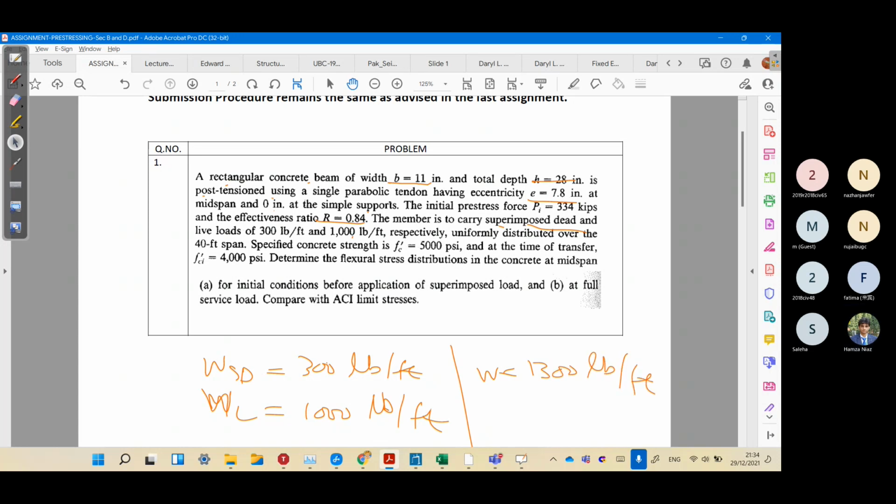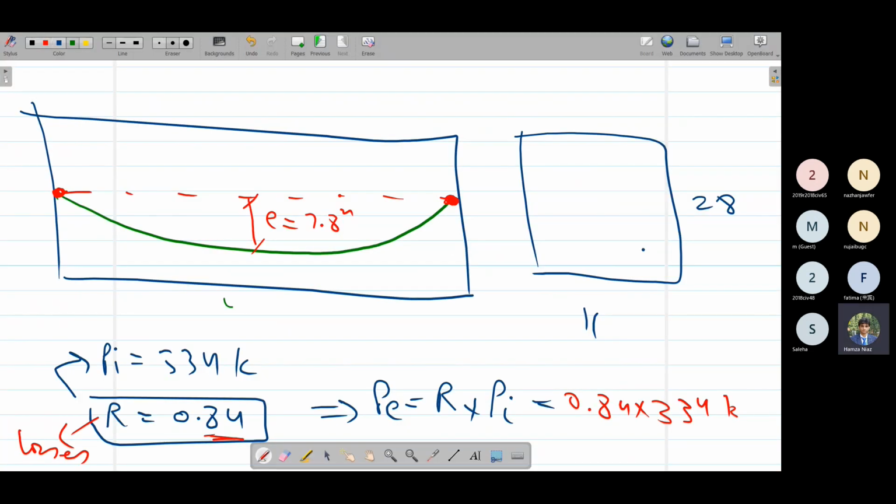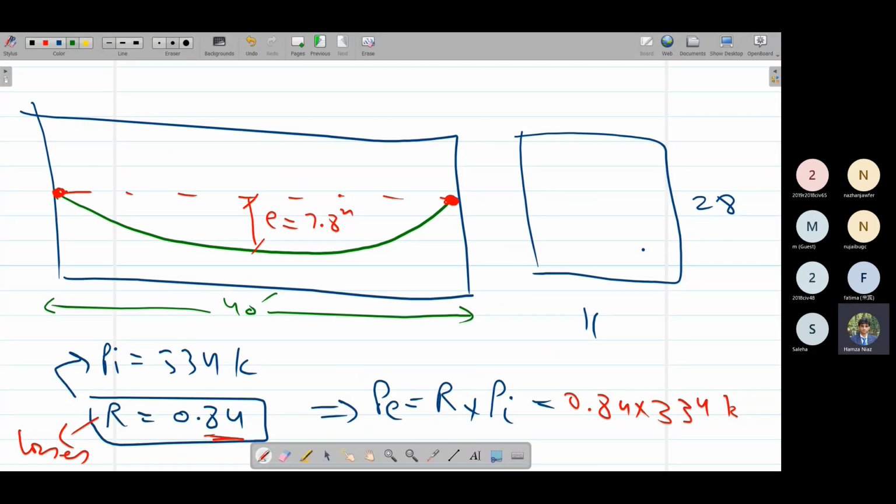This is a superimposed load on the concrete beam, distributed uniformly, and the span is 40 feet. The concrete strength is 5000 psi, and at the time of transfer f'ci was 4000 psi. We'll use them shortly. This is all the data given in the question.